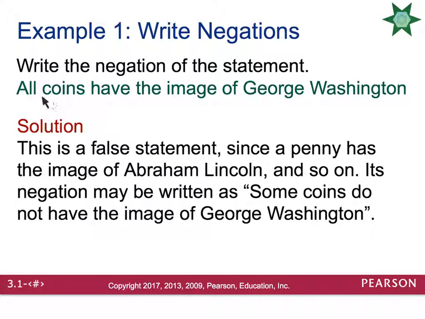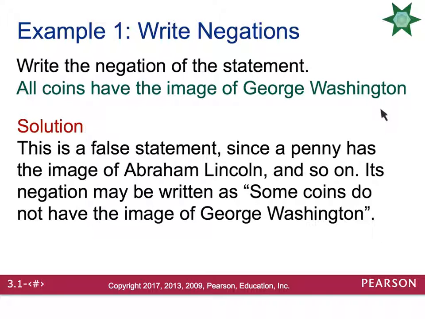Okay, let's look at another one. Write the negation of this statement: all coins have the image of George Washington. The negation would not be no coins have the image of George Washington. All we'd have to say is that some coins do not have the image of George Washington. In other words, there's at least one coin out there that does not have the image of George Washington, so that would negate this.